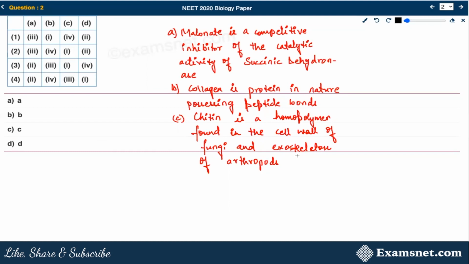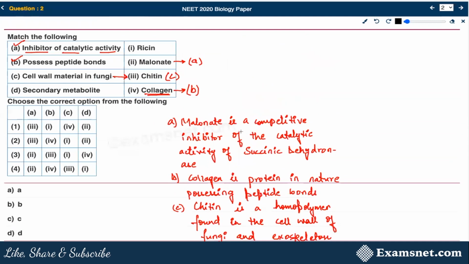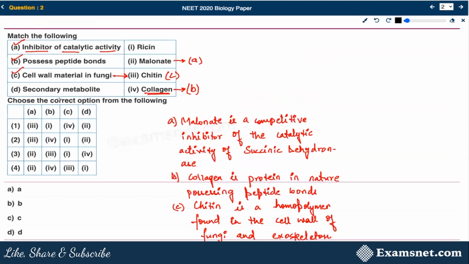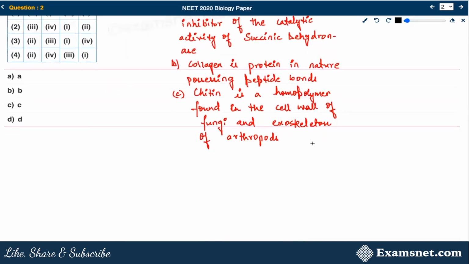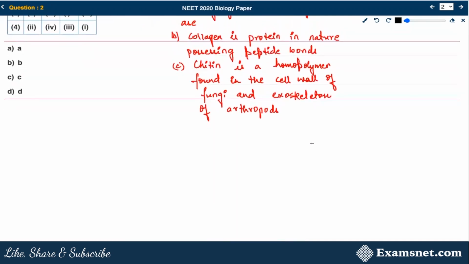Now, the third option has been done. Now, the fourth option, if you are going to look into, that means secondary metabolite. So the fourth option is left with the first option only. So ricin is considered to be a secondary metabolite over here. In fact, you can say ricin and heparin.